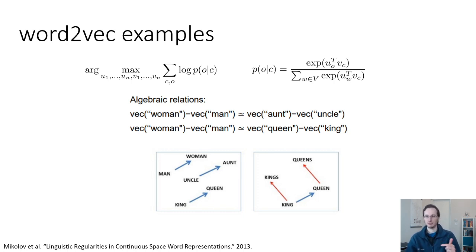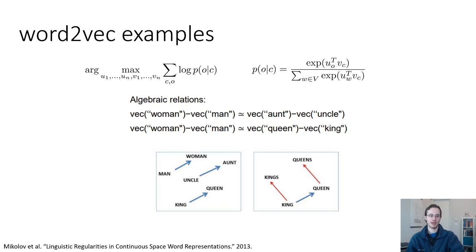So that gives you a man-to-woman vector. It's a vector in the space that intuitively is the direction you go to turn a man into a woman. And then you could take that little vector and add it to some masculine word like uncle and get something that looks like the embedding for the word aunt. Right, so it's a kind of analogy.